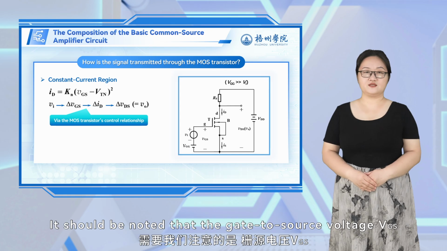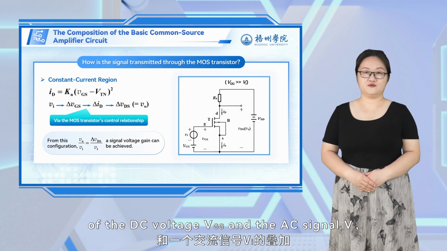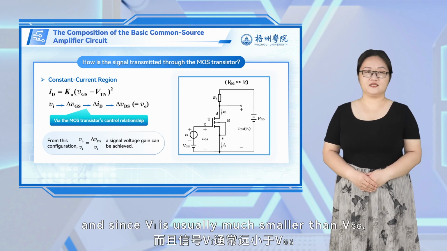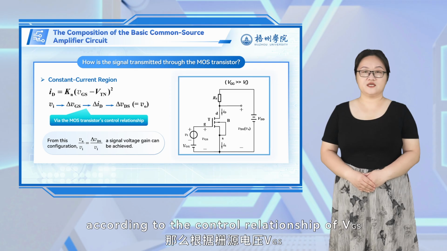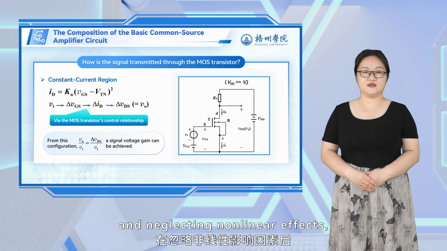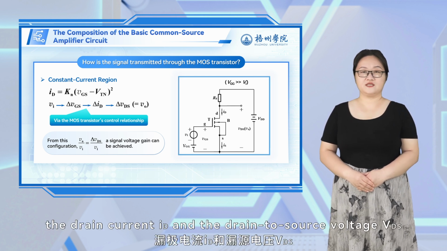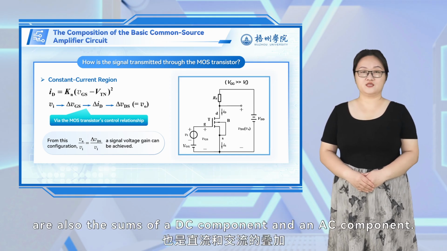It should be noted that the gate-to-source voltage V_GS equals the superposition of the DC voltage V_GG and the AC signal V_I, and since V_I is usually much smaller than V_GG, according to the control relationship of V_GS on the drain current I_D, and neglecting nonlinear effects, the drain current I_D and the drain-to-source voltage V_DS are also the sums of a DC component and an AC component.